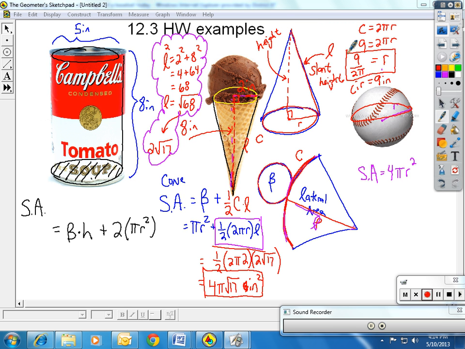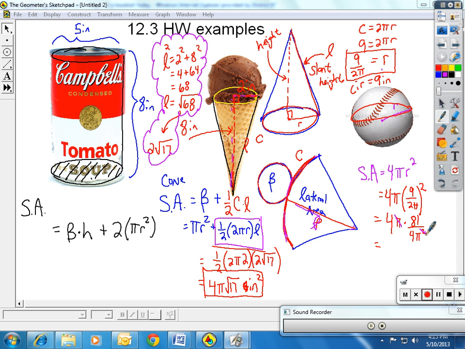So my surface area is 4 pi times 9 over 2 pi, that quantity being squared. Clean it up. So I've got 4 pi times 81 over 4 pi squared. I'm going to have one set of pi's cancel out there.